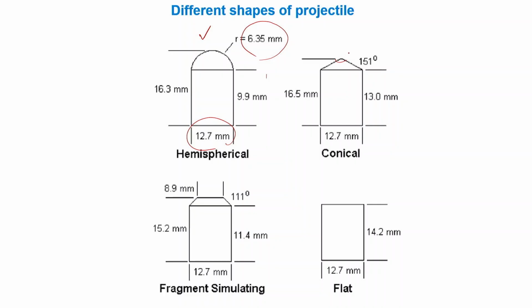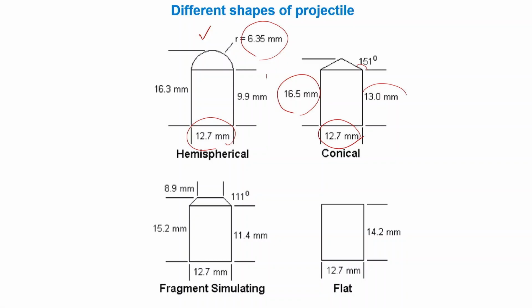You can see this is the angle. Now, the conical angle is 151 degree, and here 16.5 is the overall length and 12.7 is the diameter. Now, if you see the fragmented, there will be a flat portion.